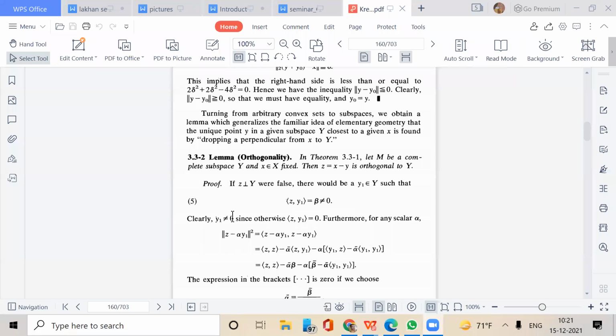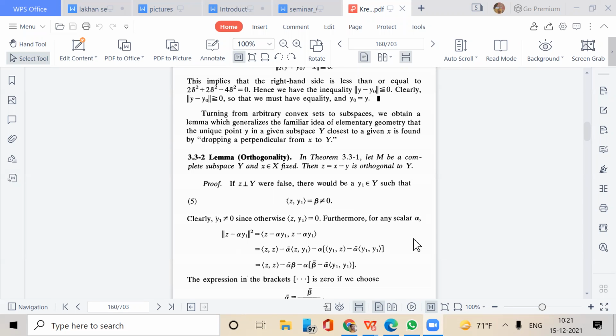Clearly, y1 not equal to 0, since otherwise inner product will be 0, because if any element in the pair in the inner product is 0, then inner product becomes 0.